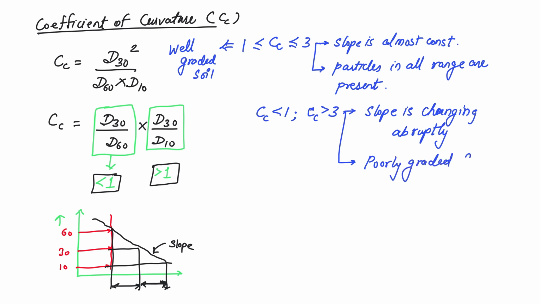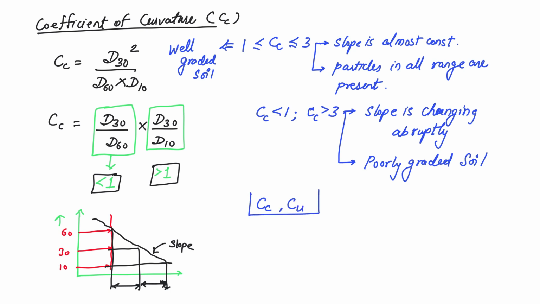So here we have got two different coefficients to check whether the soil is well graded or poorly graded, and these coefficients are defined so that we can understand the particle size distribution of a particular soil even without looking at its graph. We can now judge any particular soil just by looking at the values of Cc and Cu.